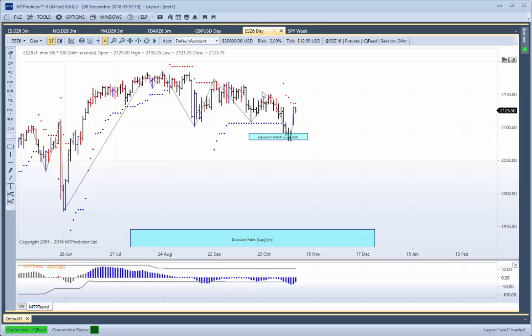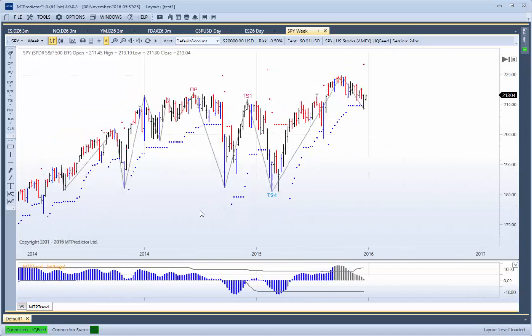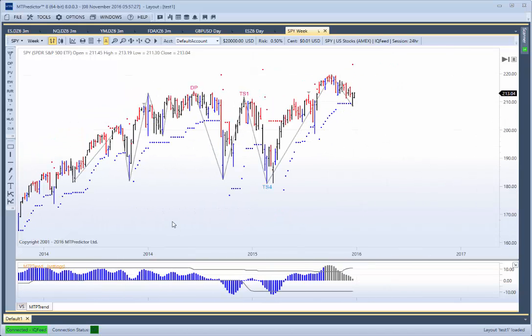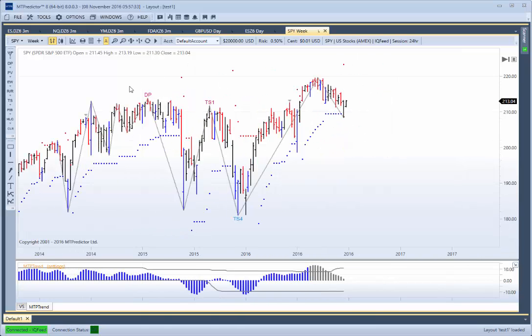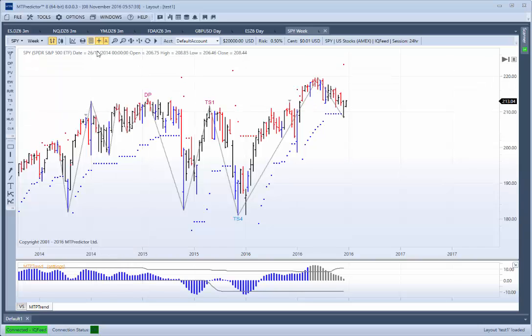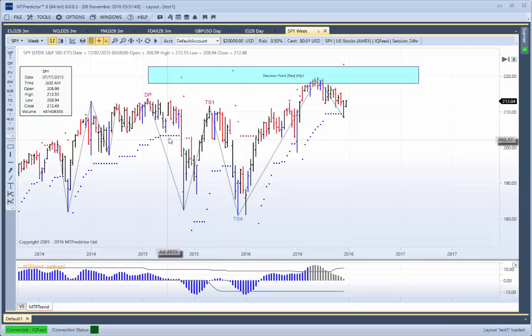The reason I say that is if we go and look at the SPY stock for a slightly longer term view. This is a weekly chart. So this is why I've got a slight bearish view on the US markets longer term. If we look at the weekly chart, here's the last high back here. When was this? This was back in May. So from this high here, which was the last major high, we right mouse click, we do DP.